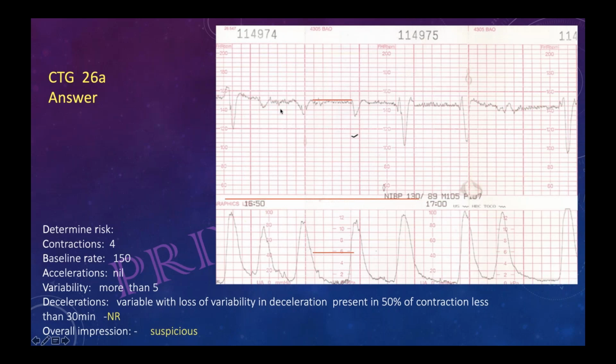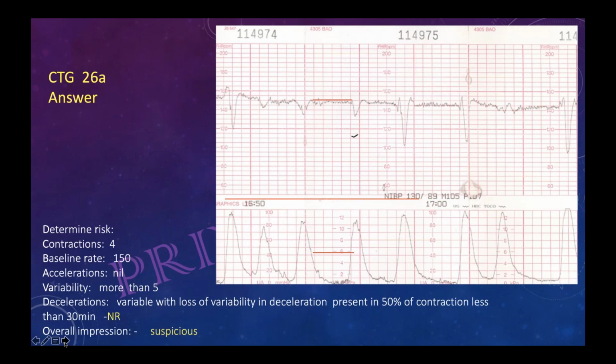Is it because of the size we are saying that it is variable? The start to the peak is less than 30 seconds here. Second, they vary in shape and size. These are not uniform. So these are variable.